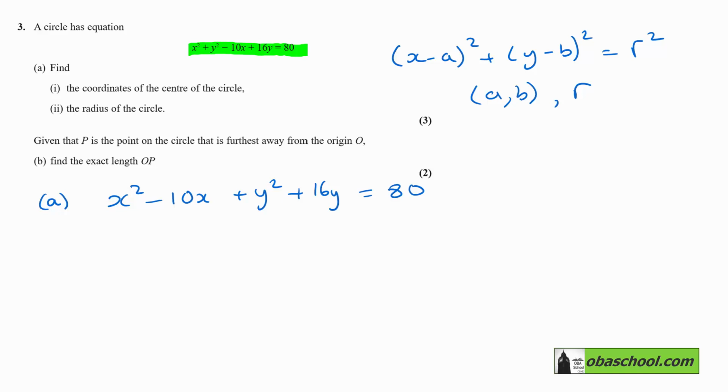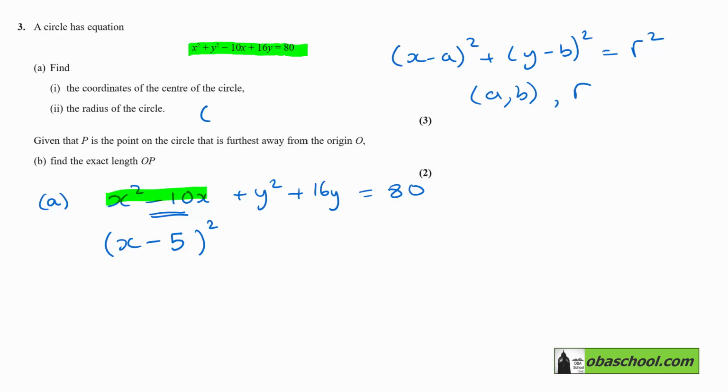So let's start with the x squared minus 10x. Open a squared bracket, into it put x, and then half of the coefficient of x. Since the coefficient of x is negative 10, that's negative 5.